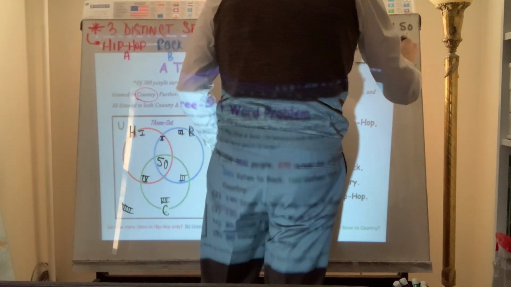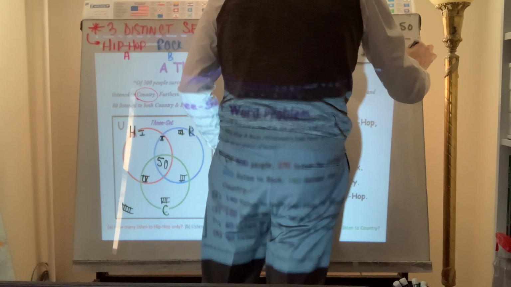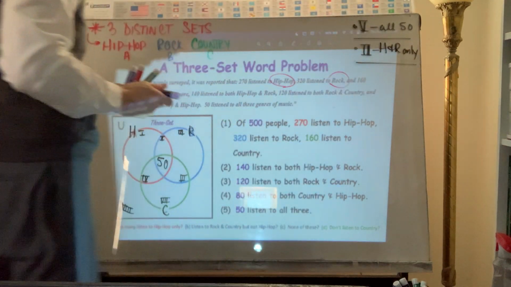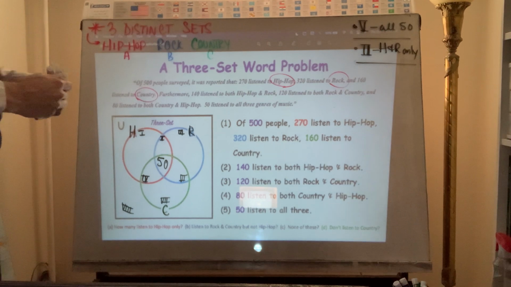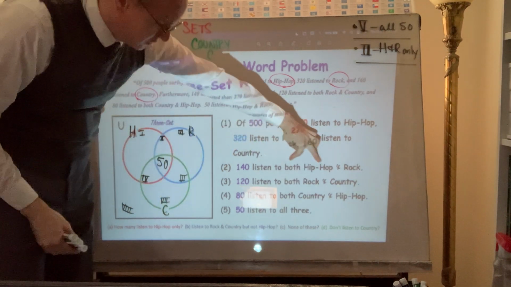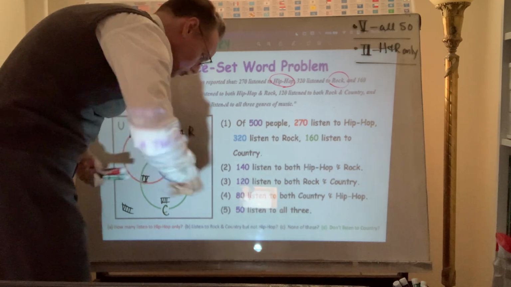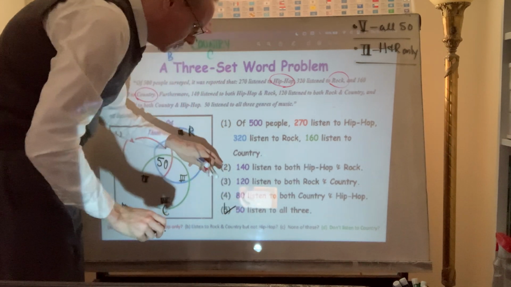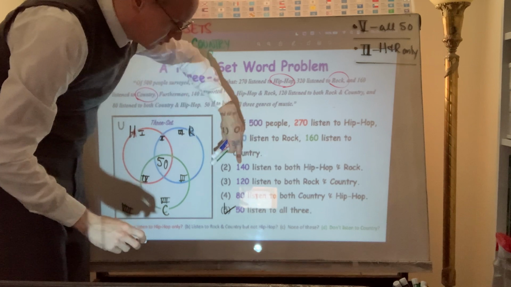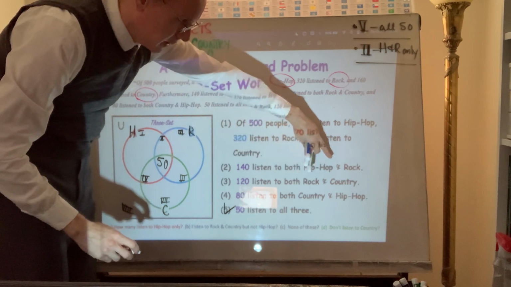So hip hop and rock only. Up here in the list of things, I know I'm jumping around a little bit, but we just took care of this. If you look at the second in this list here, 140 listen to both hip hop and rock.